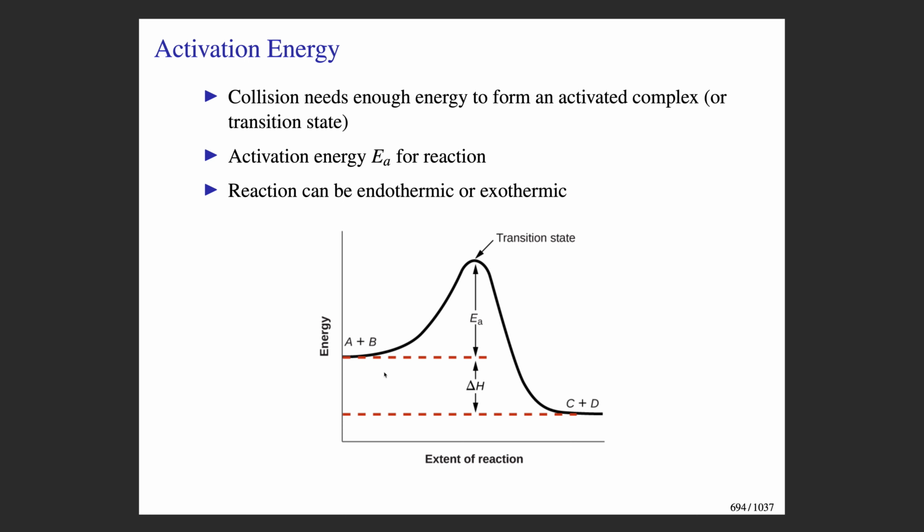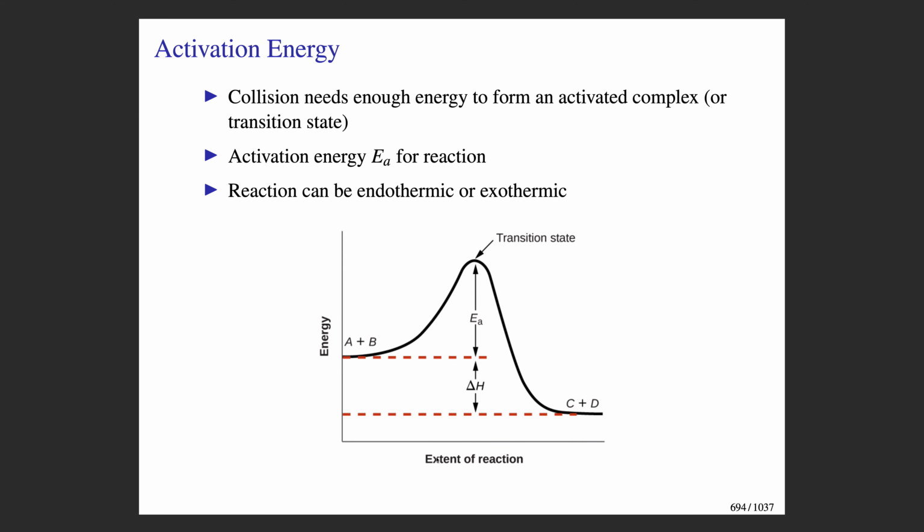Another thing that is very important, in fact probably more important for us, is that in order for the reaction to proceed, even if you've got the correct orientation, the two molecules need to have enough energy when they collide in order to overcome what's called the activation energy for the reaction. In the diagram we're plotting the energy of our reactants as a function of some fictitious extent of reaction.